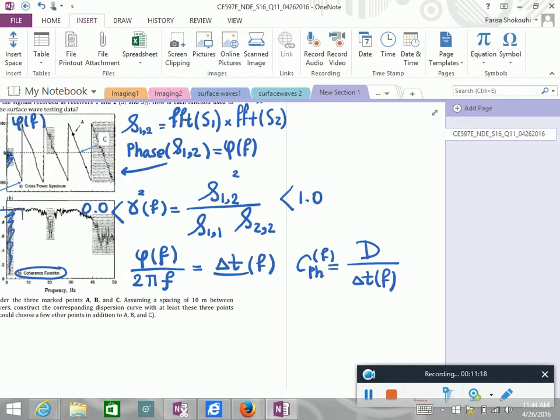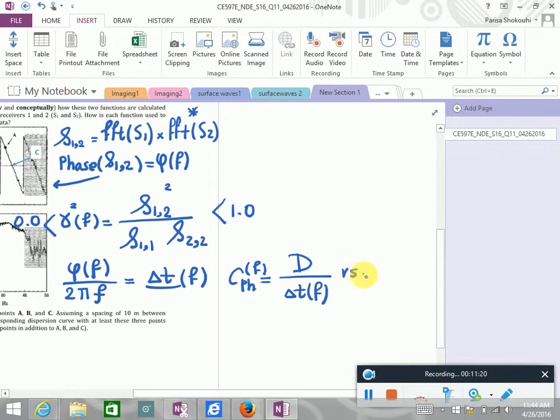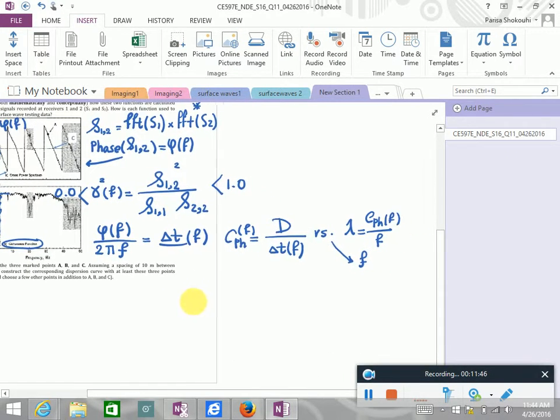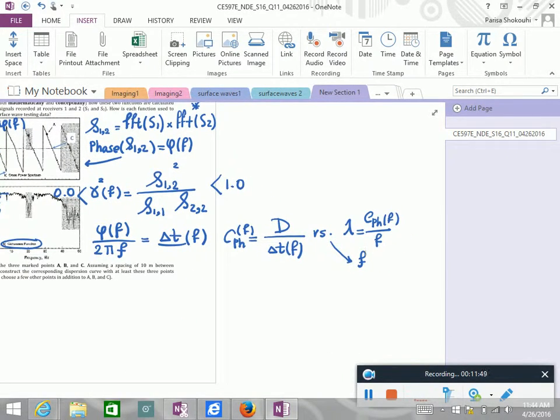And typically, you plot this versus wavelength, which will be your velocity over frequency. Sometimes people also plot it versus frequency. If it's not specifically stated, either one works, but typically wavelength is preferred. Okay. Any questions? This part is clear, what is going on in SSW.